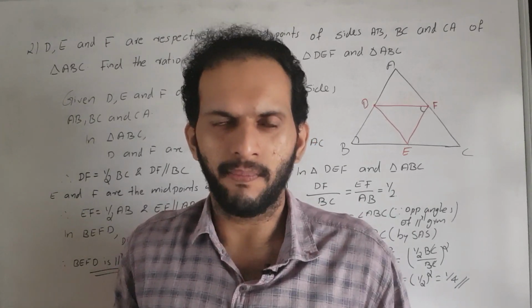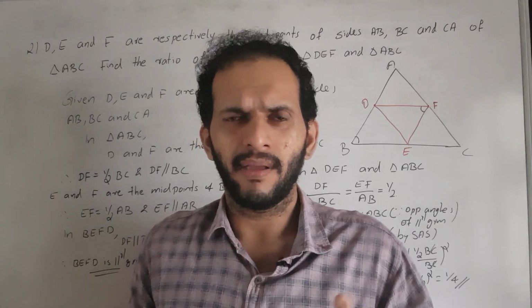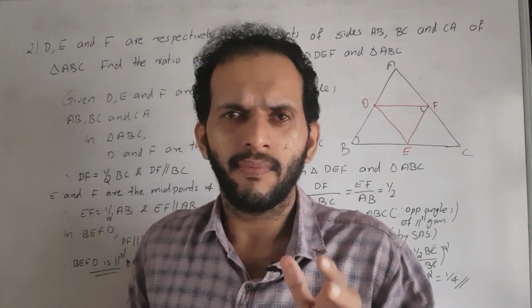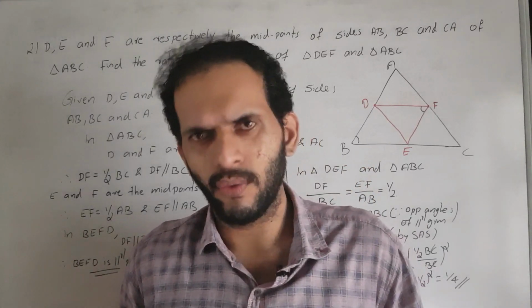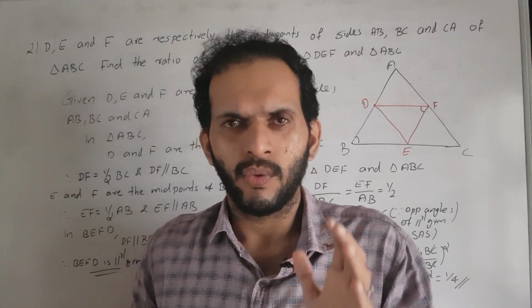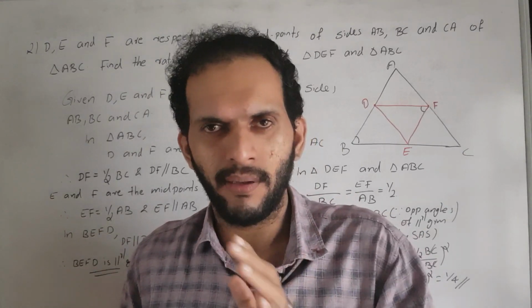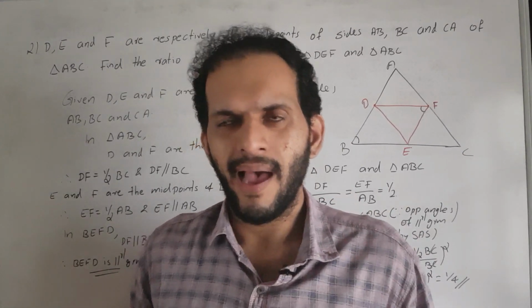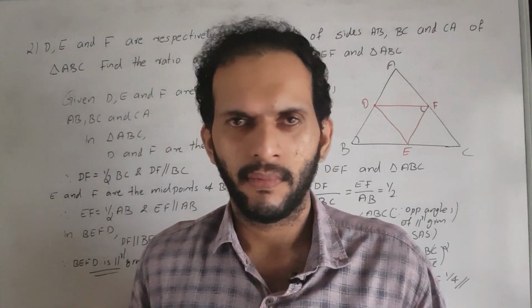What is the statement of the theorem? If two triangles are similar, then the ratio of the areas of the similar triangles is equal to the square of the ratio of their corresponding sides. Okay, and like this we can find the ratios of the areas of triangles. Clear?